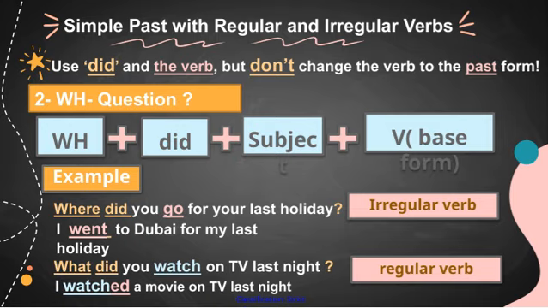But when forming questions, the key is to remember to use did and keep the main verb in its base form. This is fundamental because it helps us correctly ask questions about past events, regardless of whether the verb is regular or irregular. So, understanding how to structure these questions is essential for clear and accurate communication about past activities.